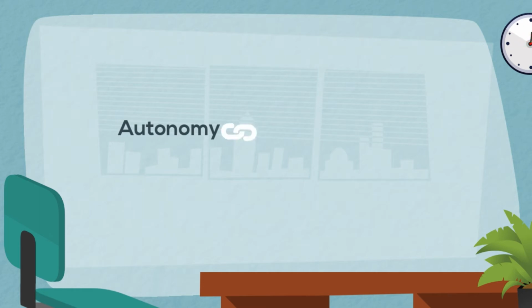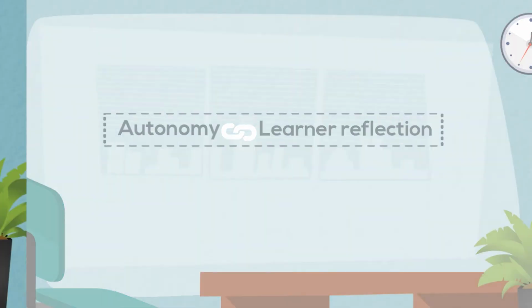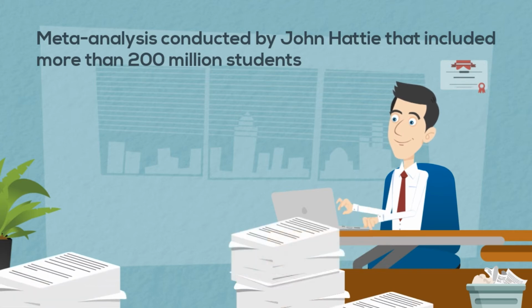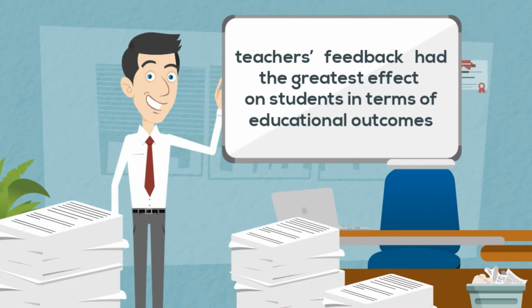Autonomy has also been linked to learner reflection. In a meta-analysis conducted by John Hattie that included more than 200 million students, it was found that teachers' feedback had the greatest effect on students in terms of educational outcomes.